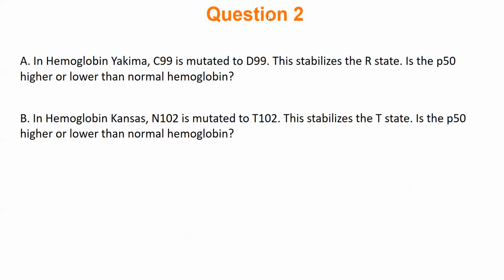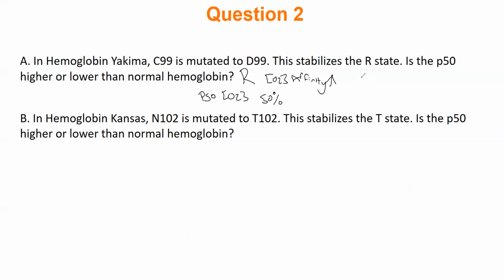So here's the logic, right? I stabilize the R state. If I'm in the R state, my affinity to bind oxygen goes up. So in the R state, you want to bind oxygen more. P50 is the concentration of oxygen needed to be 50% bound.